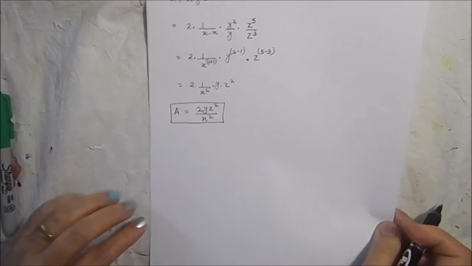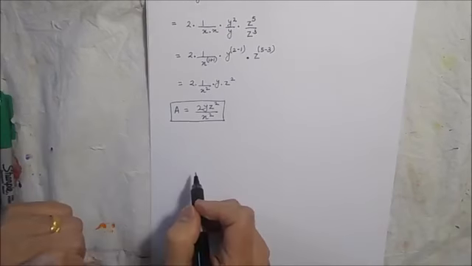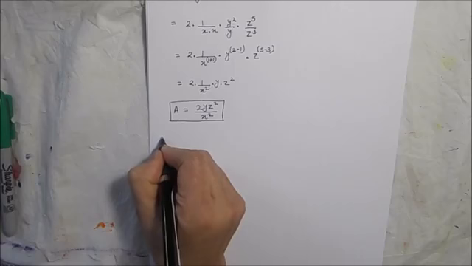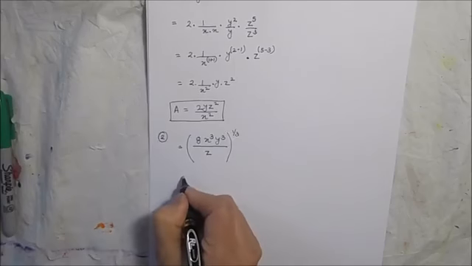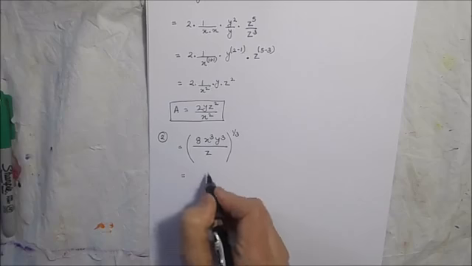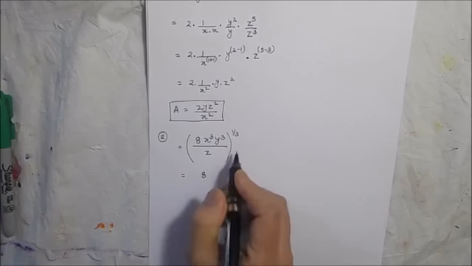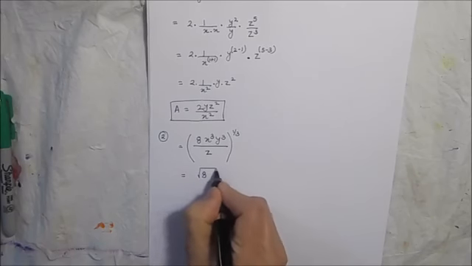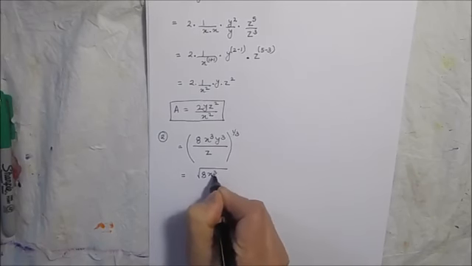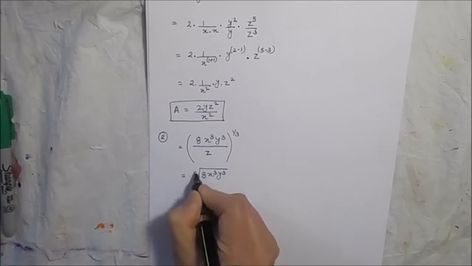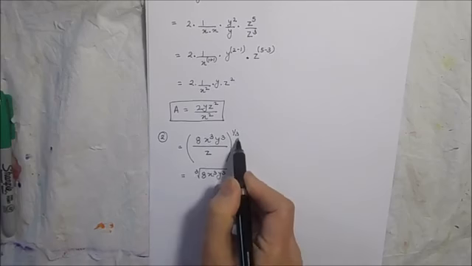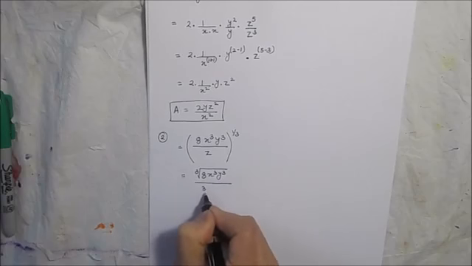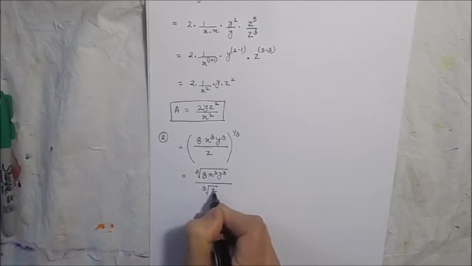Now let's solve one more example in which we are going to take the fractional exponent. So let's take one more example here. So here 8 to the power 1 by 3. So this is going to be cube root of 8 x cube y cube. We can write it like this too, and over cube root of z.